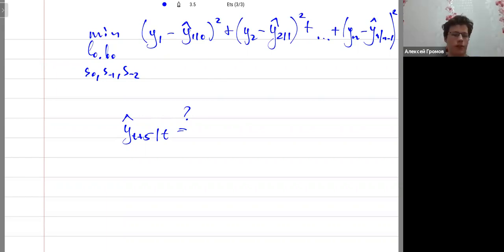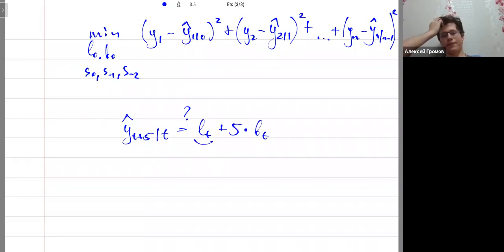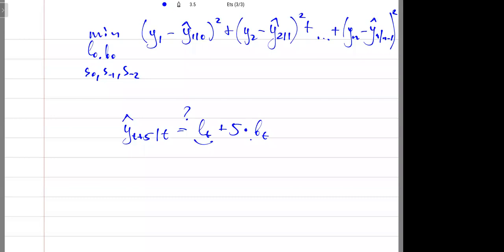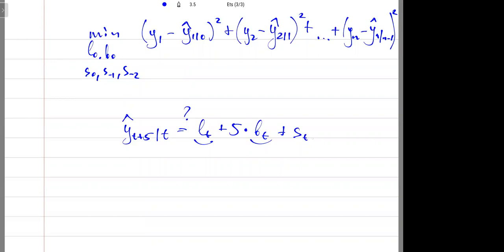Do you mean it is L4 plus B4? It's LT plus, we do 5 step ahead, so we add 5 times BT, plus the seasonal effect S T minus 3.